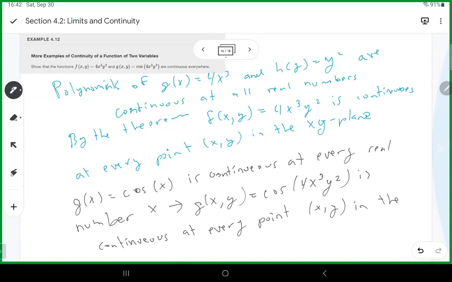Keep trying to say x on y, it's wrong, xy plane.